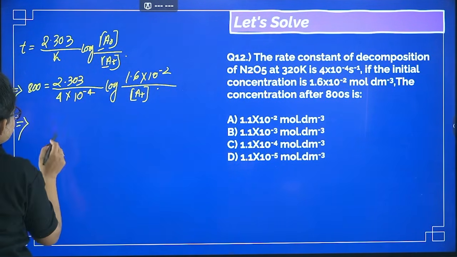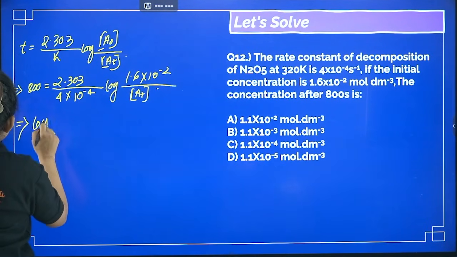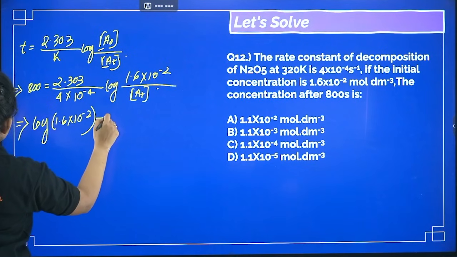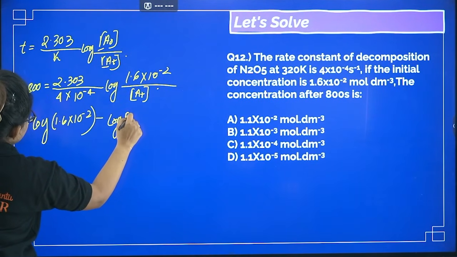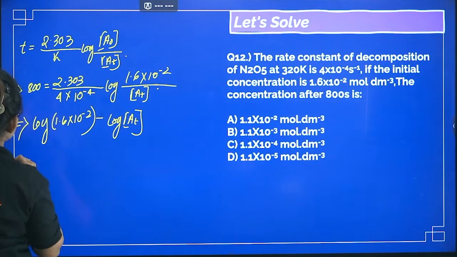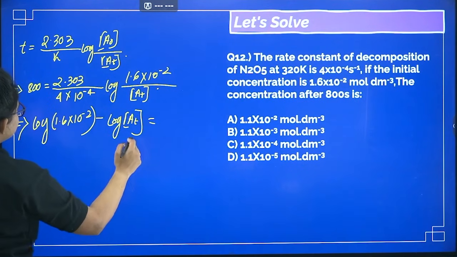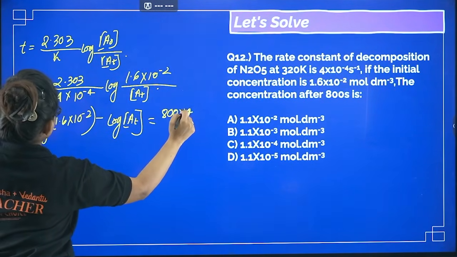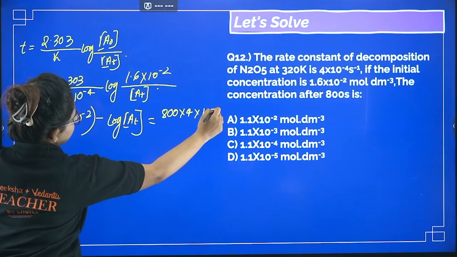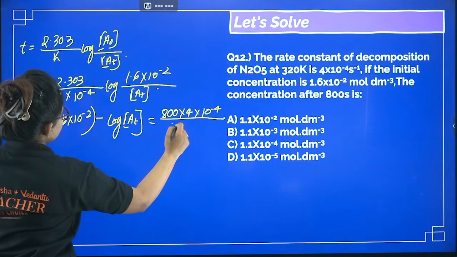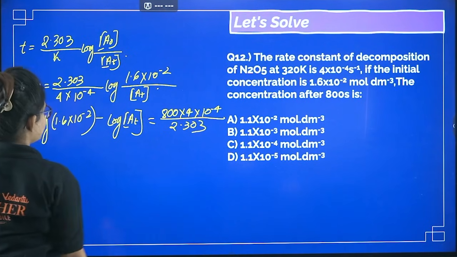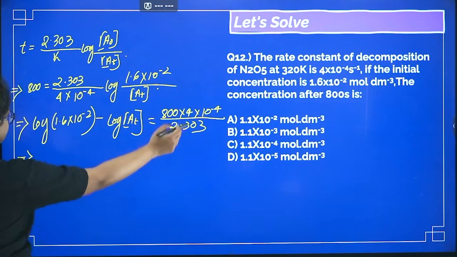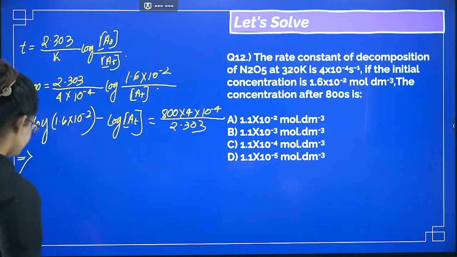Now if you make it simpler, log of 1.6 into 10 power minus 2 minus log of At equals 800 into 4 into 10 power minus 4 divided by 2.303.